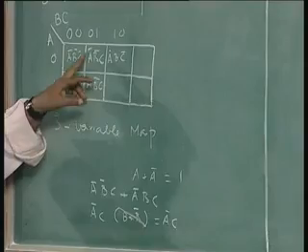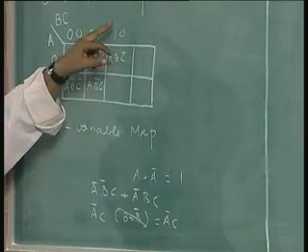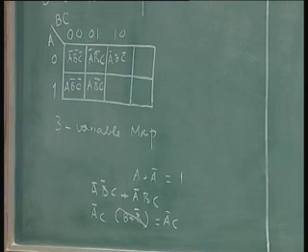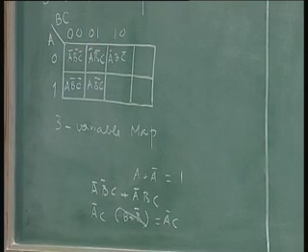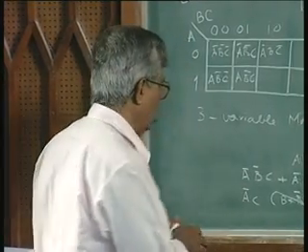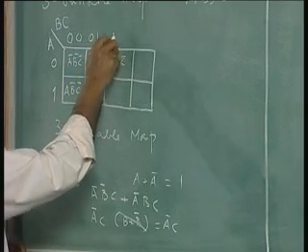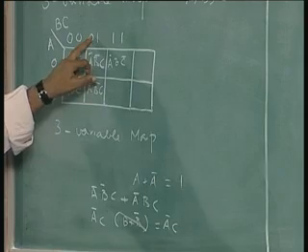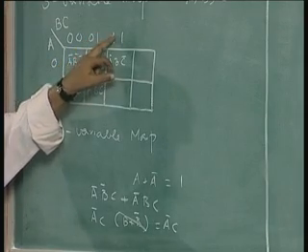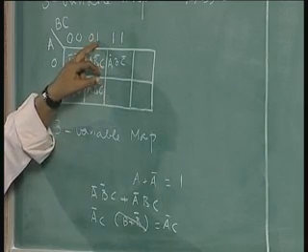In this case, when you say B bar, C, 0, 1, 1, 0, B changes from 0 to 1, C changes from 1 to 0, both the variables B and C change at the same time. That means it is not possible to combine them effectively. So the technique is then not to write here 1, 0 for BC, write here 1, 1. So I let B change from 0 to 1 and C remain as 1.